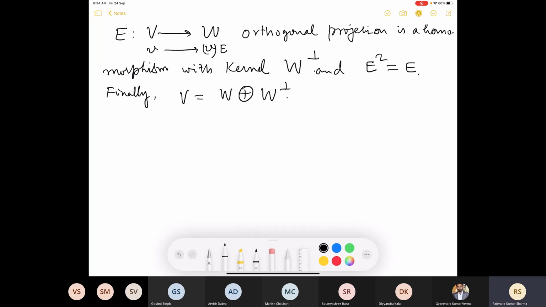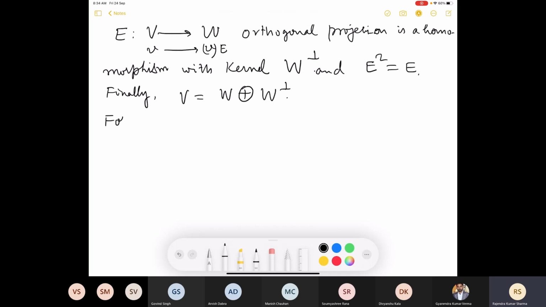I wish to leave this for you because otherwise we shall not have much time for other things. Hope you will be able to do the proof here, but just to give you an outline.